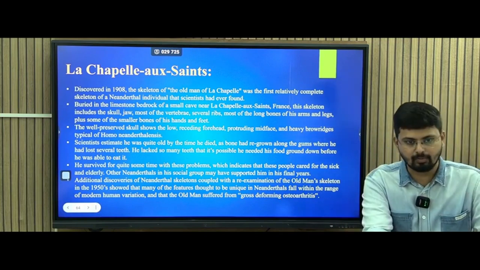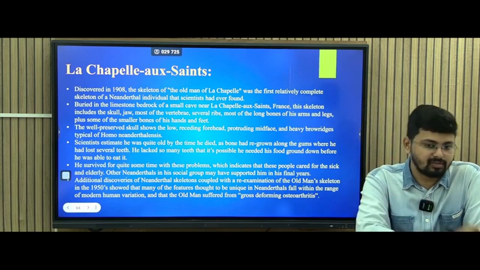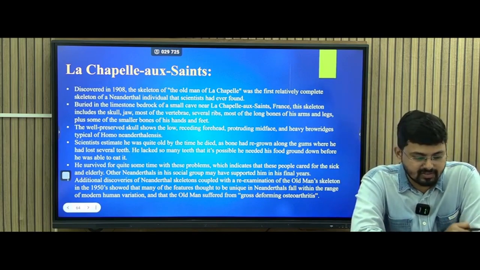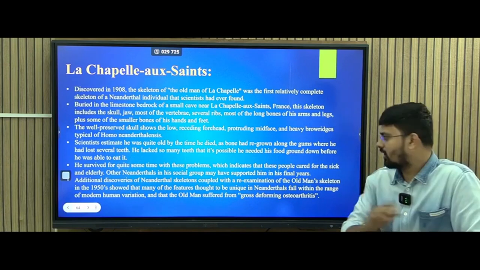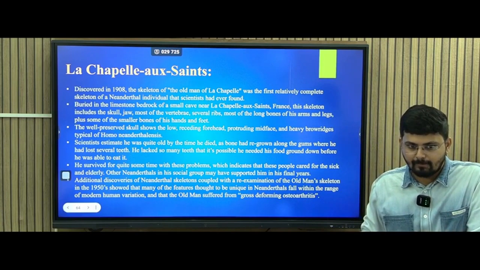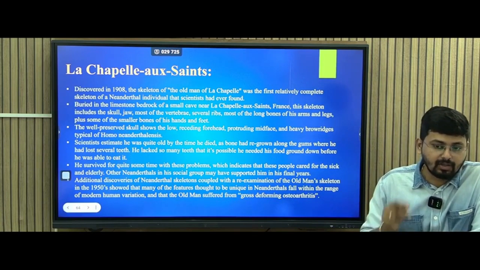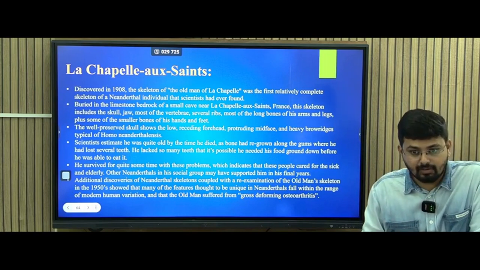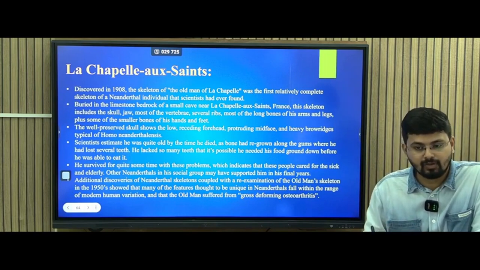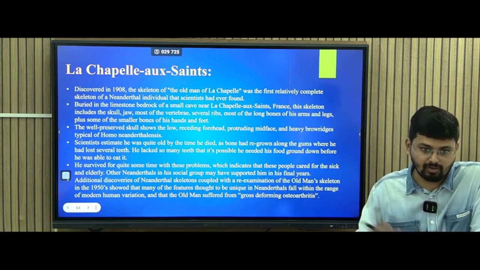Because of that problem there is some deformity, and in other fossils it's not noticed. And at the same time, what's understood is that the fossil was of an old man, and just before his death he was being taken care of by the people in order to survive further. So that means the people are caring for each other, the emotional aspect has developed.